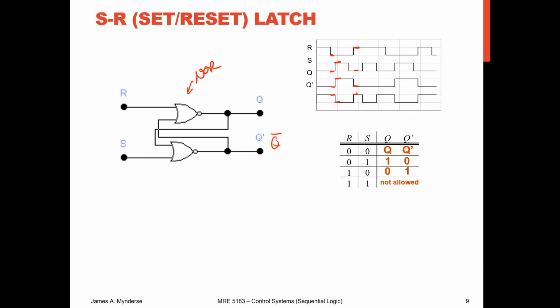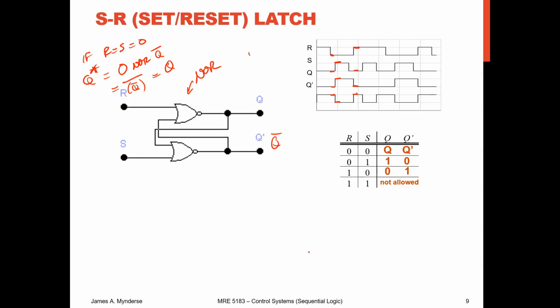So if we wanted to work through this, certainly we could say that if S is 0, then our next state of Q is going to be R NORed with not Q. So if R is 0, it's going to be a 0 NORed with our previous not Q. Well, 0 NORed with our previous not Q is going to be a not of not Q, and a not of not Q should be Q. So there we go.